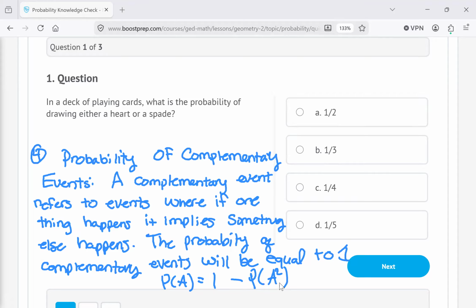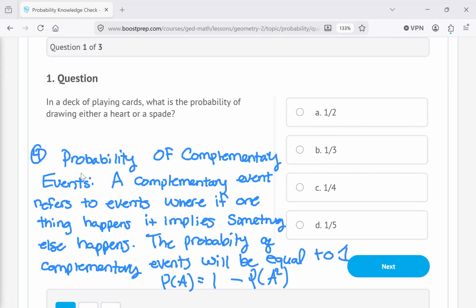A complementary event refers to an event where if one thing happens, it implies something else happens, and you will use the formula 1 minus P of A. Okay, so if you got all the formulas down, we're going to do the three questions.